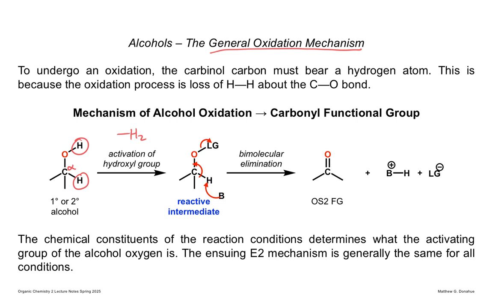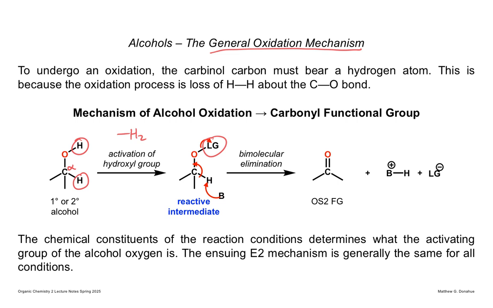H is a bad leaving group. As a leaving group, it would be H minus, that's hydride, and that's bad. So we have to activate the oxygen by getting rid of that hydrogen. When we do that, we're essentially substituting the H for a leaving group.